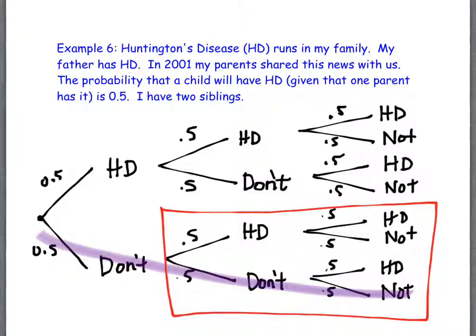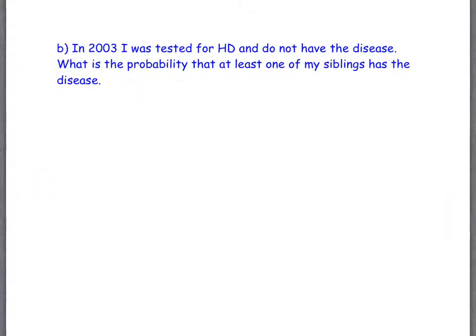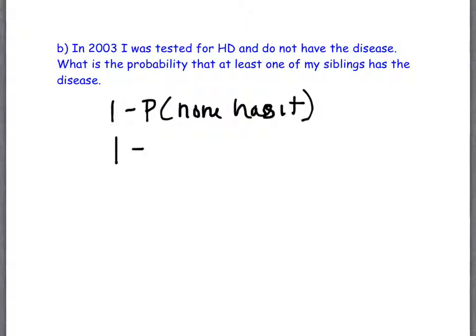So taking a look at this portion of the diagram, the part that's in red now, the question is, what's the probability that at least one of my siblings has it? Well, we can do the same thing we did before. We can do 1 minus the probability that none has it. So what is the probability that no one has the disease?